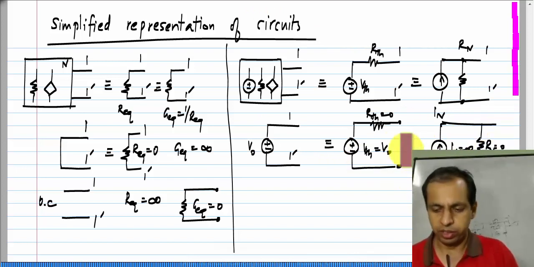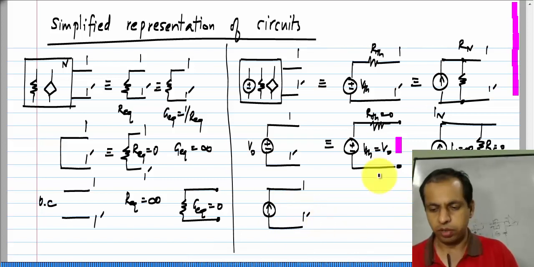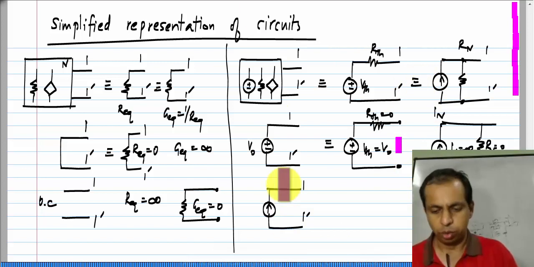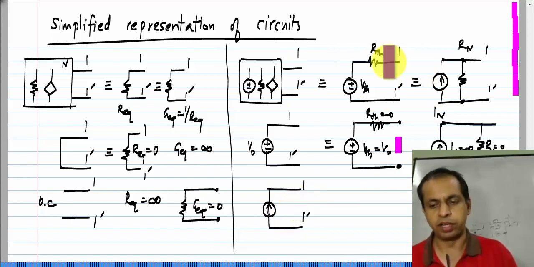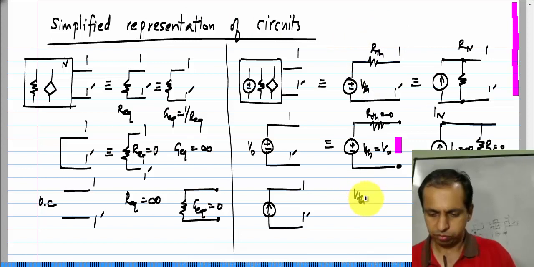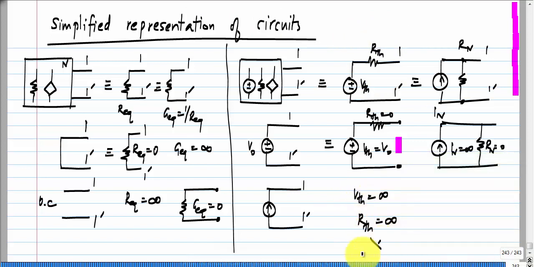So, only this representation is legitimate, and clearly by now we would have guessed that if you had only a current source, then you cannot represent it as a voltage source in series with the resistance, because the open circuit voltage of a current source is infinite. So, this VTH will be infinite and this RTH will also be infinite. So, this is not useful.